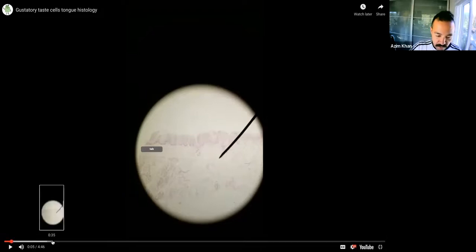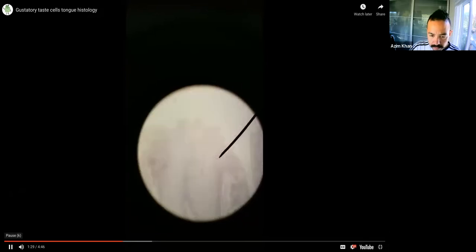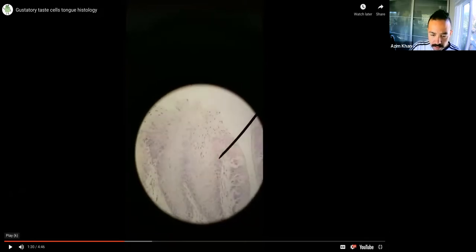You can see the surface of the tongue right here, 40x, we don't see a lot. Let me go back a little bit. This is 100x.